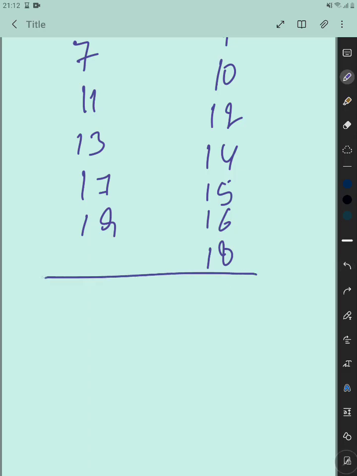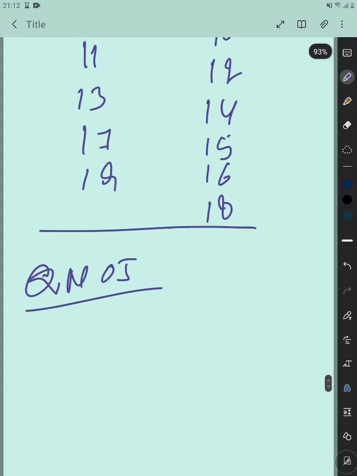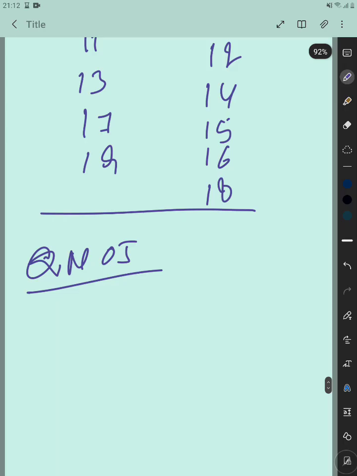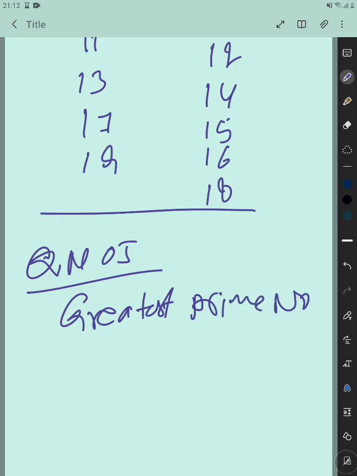Now we have come to question number 5. What is the greatest prime number between 1 and 10?